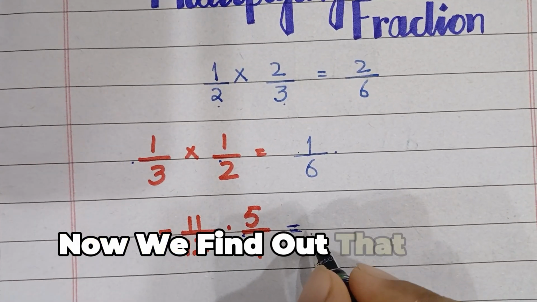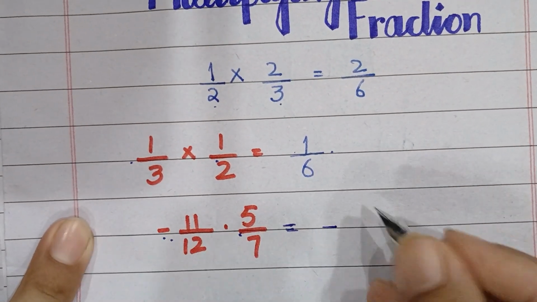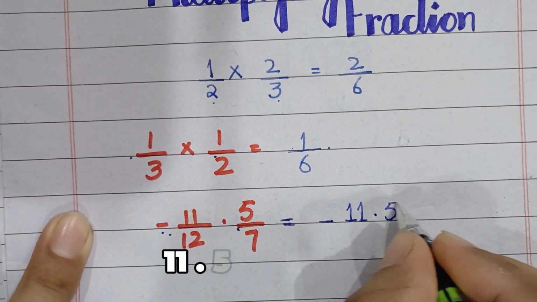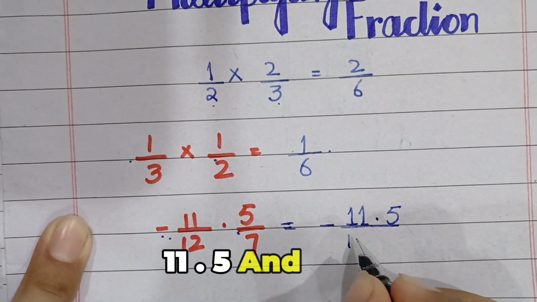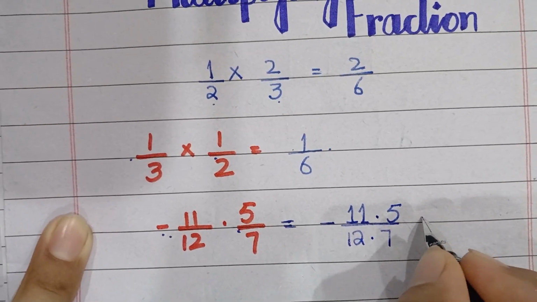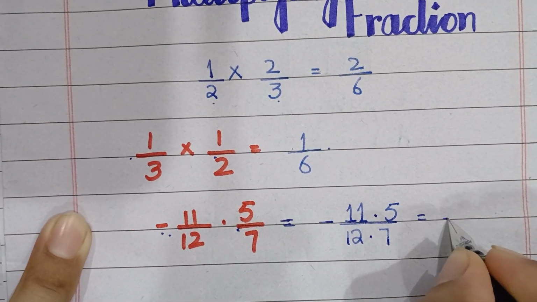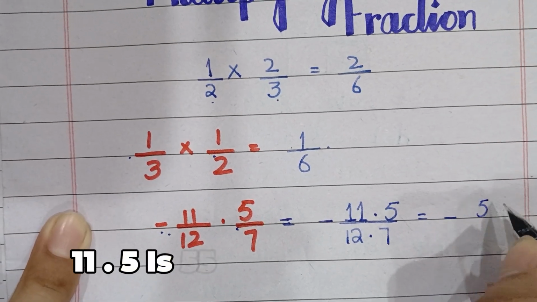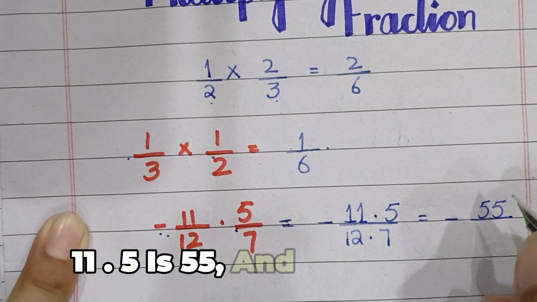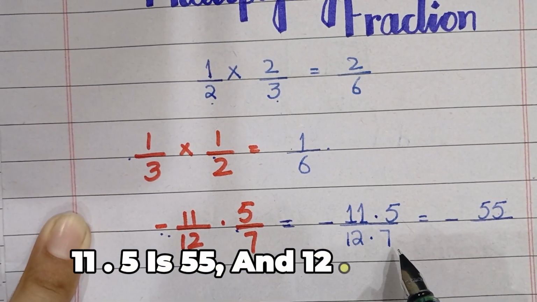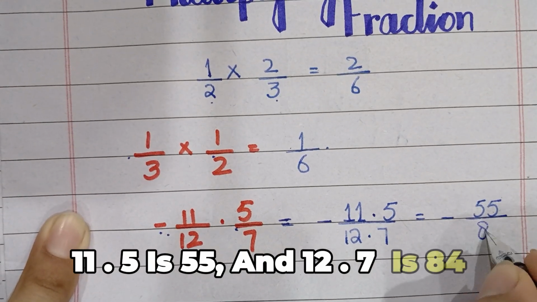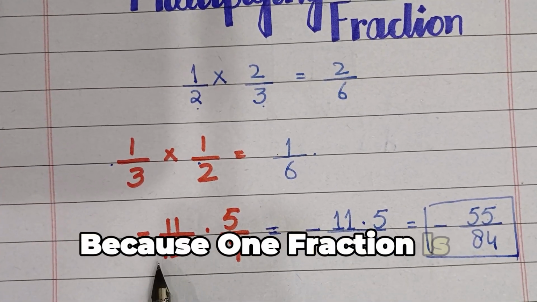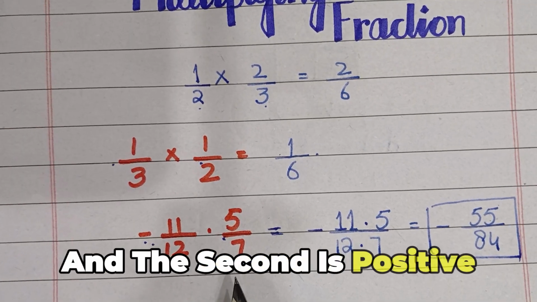Now multiplying 11 by 5 and 12 by 7, 11 times 5 is 55 and 12 times 7 is 84. The sign of the product will be negative because one fraction is negative and the second is positive.